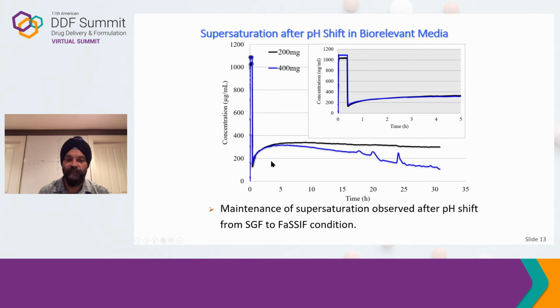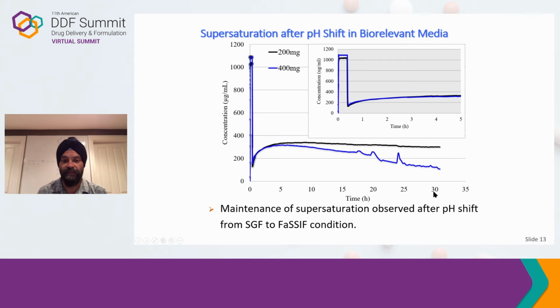But in this particular case, what we see is that the black line, indicative of the 200 milligram dose, and the blue line, indicative of the 400 milligram dose, pretty much maintain supersaturation. So the drug comes crashing down, but then it picks itself up and maintains a pretty high concentration for a long period of time.